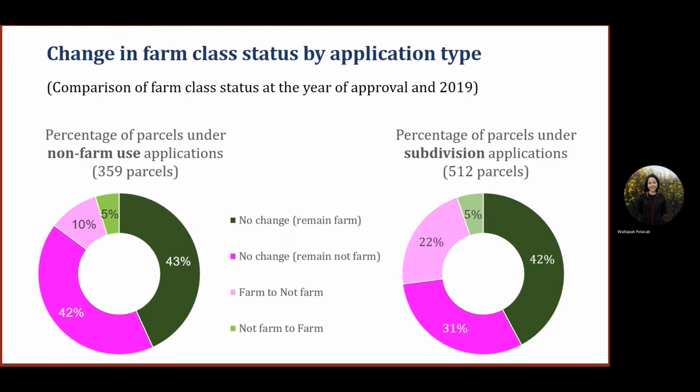What we see here is that the percentage of light pink for the subdivision applications is higher than the percentage of light pink in the non-farm use applications. So it seems that once lands are subdivided, a higher percentage of them change from having a farm class status to not having a farm class status.